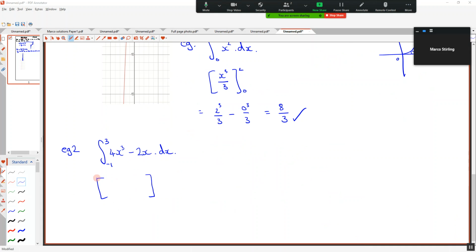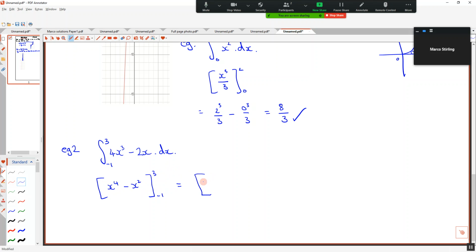Okay, Jesse, tell me what you get when you integrate. It's x to the power of 4 minus x to the power of 2. X to the power of 4 minus x to the power of 2, good. And we're doing between 3 and -1. Yes. Okay, now this is where you need to be careful, obviously, because we're sticking these values in and you need to be very careful of your positive and negative. So, first thing we do is we put in our 3.